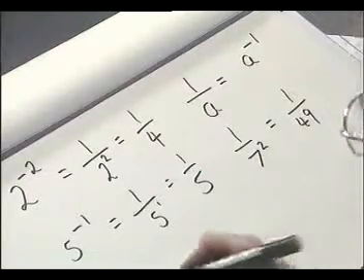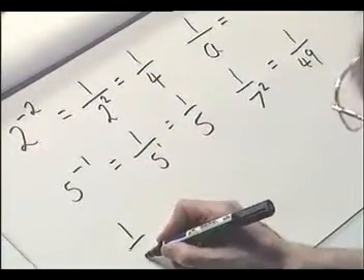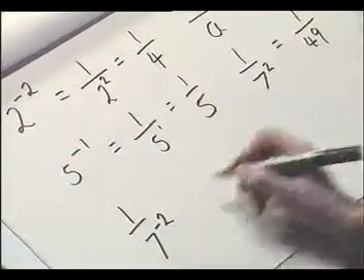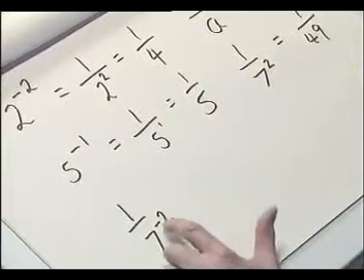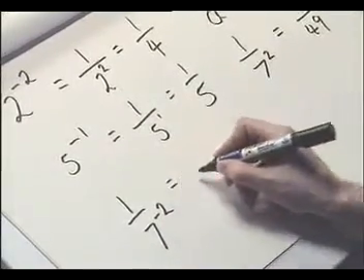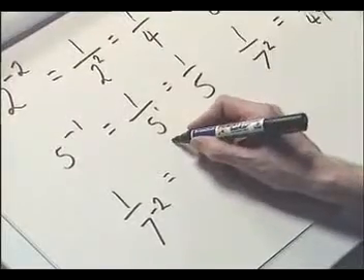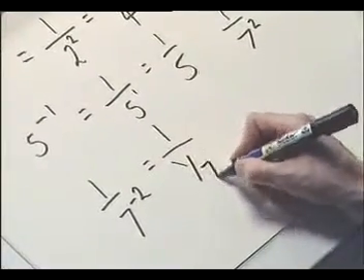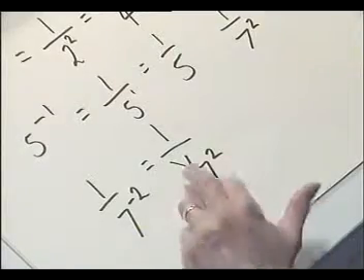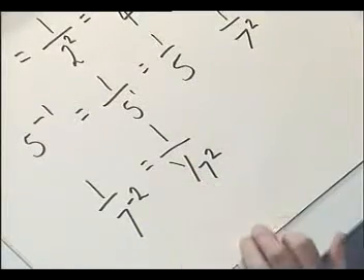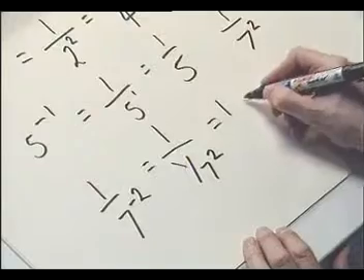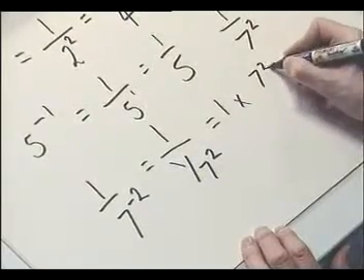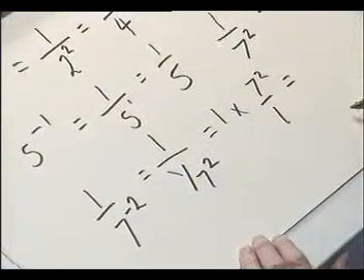But what about 1 over 7 to the minus 2? Minus 2, remember, means 1 over 7 squared. So this is 1 over 1 over 7 squared. And here we're dividing by a fraction. And to divide by a fraction, we know that we invert and multiply.